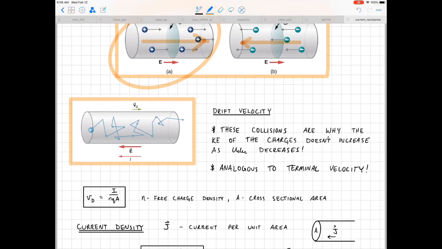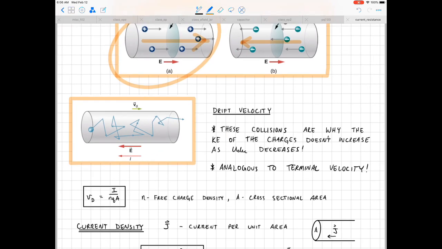So I mentioned that the charges can move through the wire without actually speeding up, even though they're moving to lower potential energy. And the reason for that is because the charges are colliding with the material and essentially generating thermal energy. And so this brings up the idea of a drift velocity.